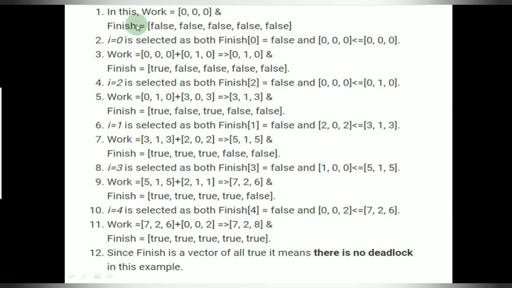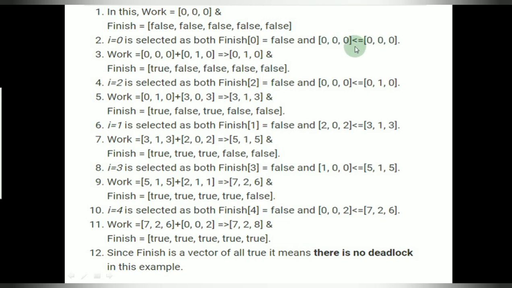Now, initially work or available is all 0 and all the processes are initialized to false. Now let me say the first process, that is process P0 where i is 0. So that is also false. Now, is process P0's request less than the work?